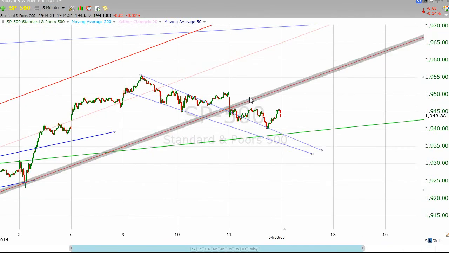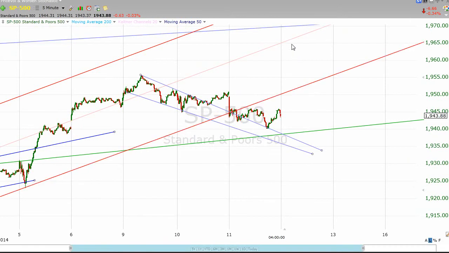You can see that, let me scoot that down just a hair. You can see that our little bull flag that looked like a bull flag broke out yesterday. We pulled back to it today, got a little bit underneath it, got up over it, and then bounced on it again near the end of the day.